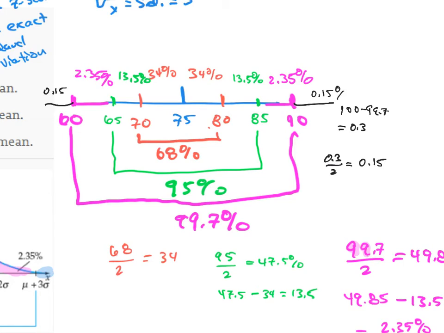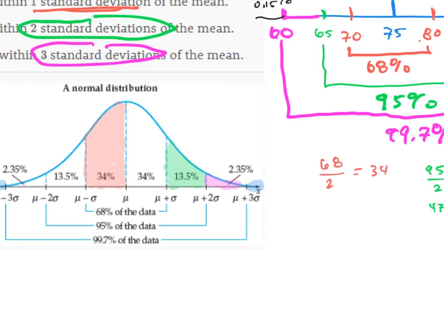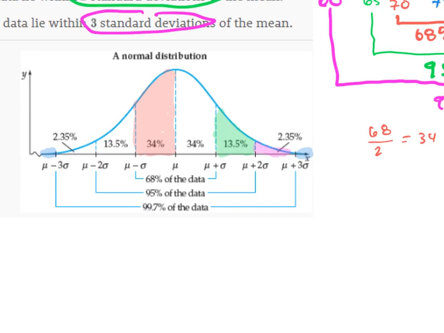Okay? Let me put those percentages there. So this chart is exactly what I'd be putting on my note card, except I want to add in those tail ends of 0.15% and 0.15% on the bottom as well. Those are very, very important, okay?